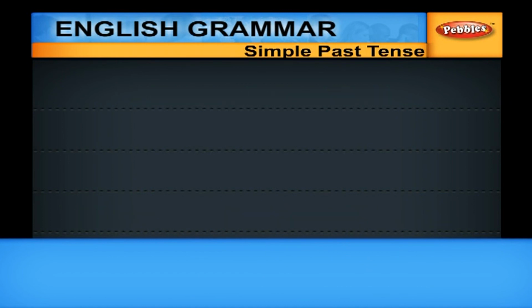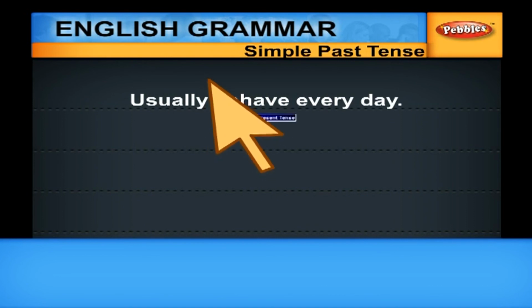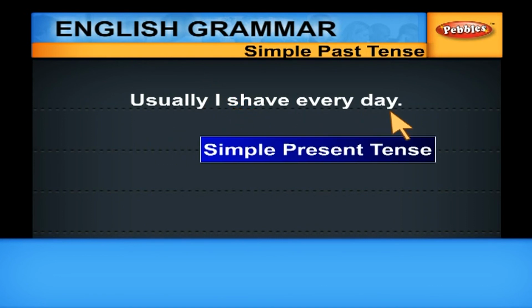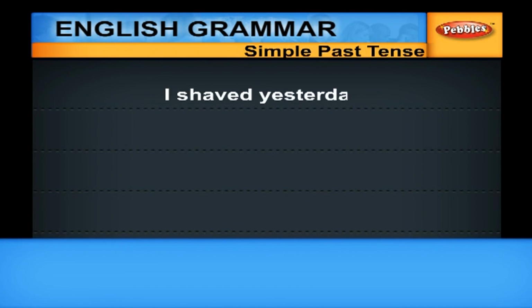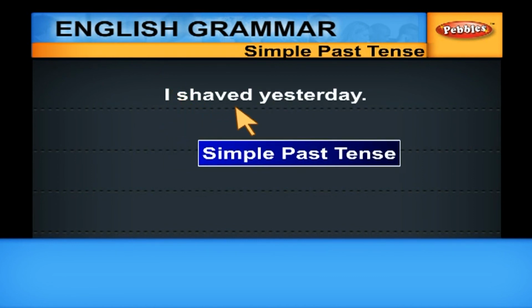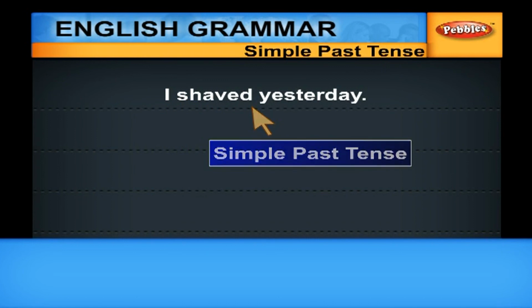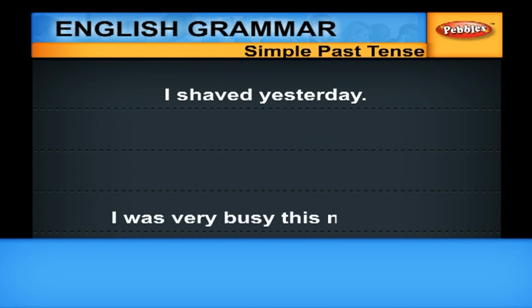Now, look at these sentences. Observe the main verb and the helping verbs if it's there and identify what tense it is. Usually, I shave every day. It is in simple present tense. I shaved yesterday. This is in simple past tense. I was very busy this morning.